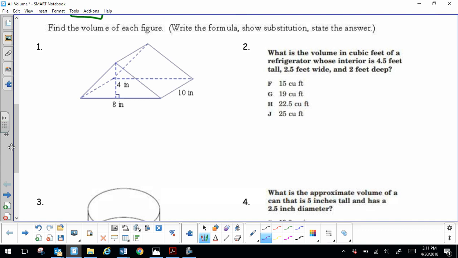And just to make sure we understand ourselves, we've got ourselves in number 1, a prism, and the base is a triangle. And they fortunately have given us our dimensions that we need for the area of the triangle. A is equal to 1/2 little b times h.